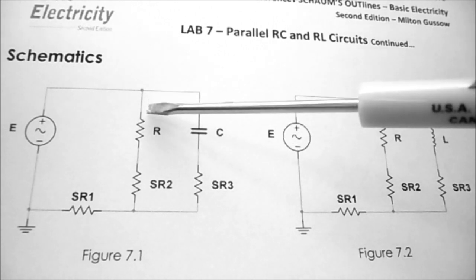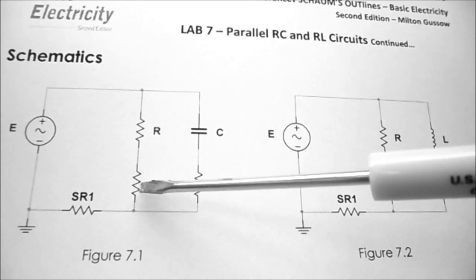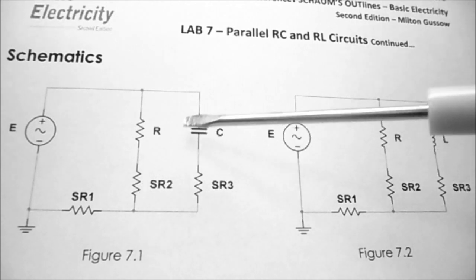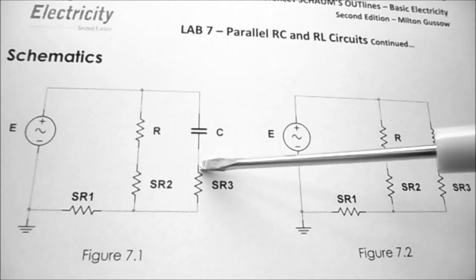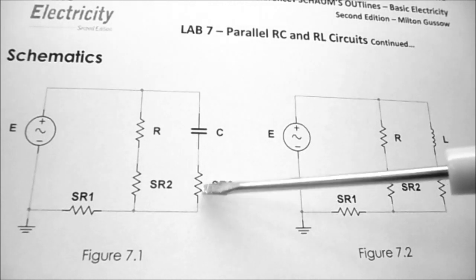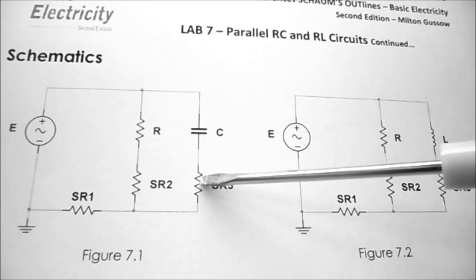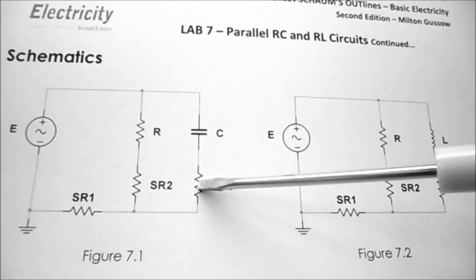So in order to see the current, we're going to use a small sensing resistor, typically of about 10 ohms. If we put 10 ohms in series with our capacitor, we'll be looking at the phase angle of the current going through the capacitor, and knowing that the voltage drop is across a 10 ohm resistor, we can do the math and come up with the current magnitude.